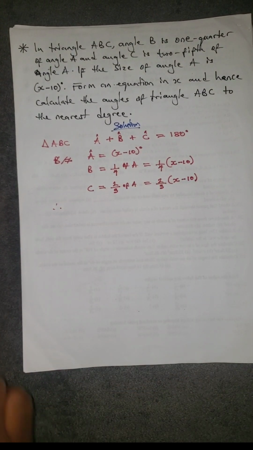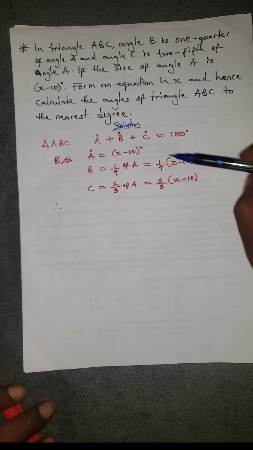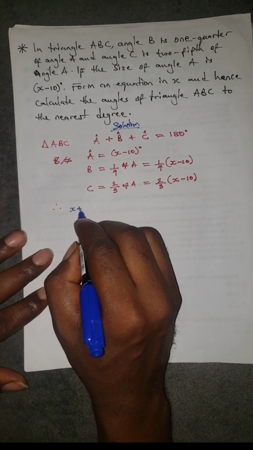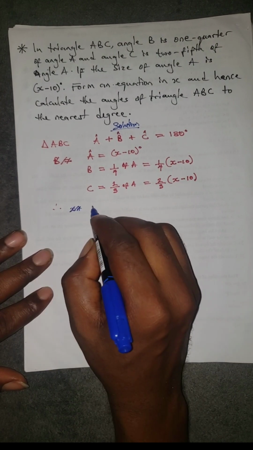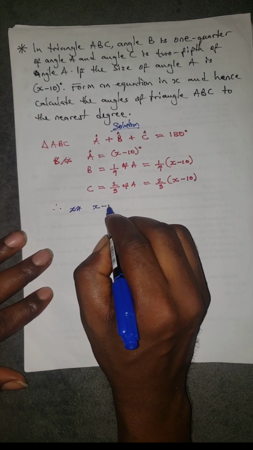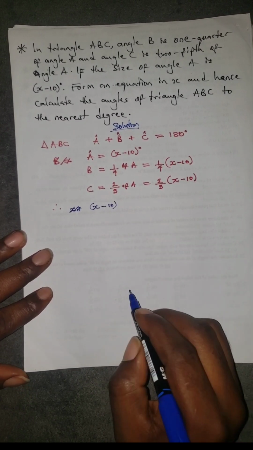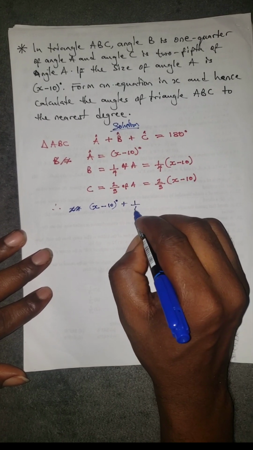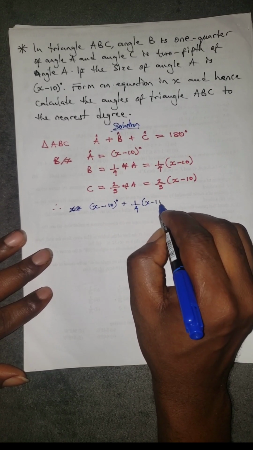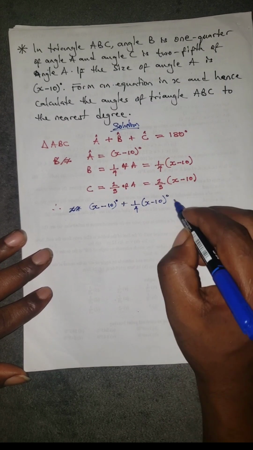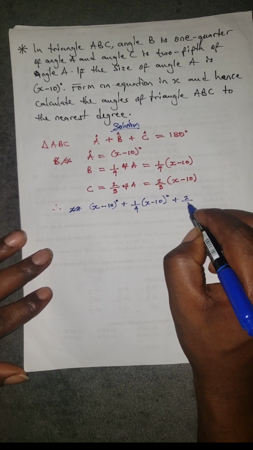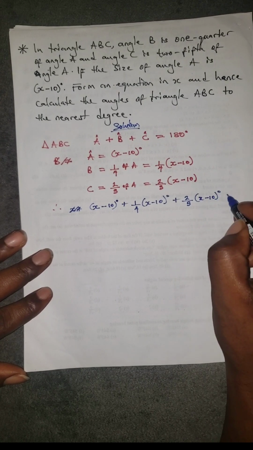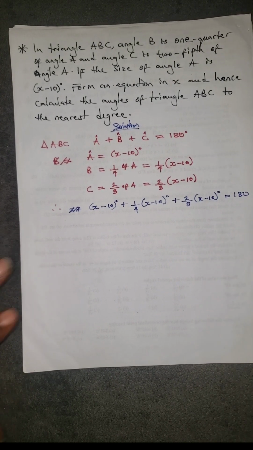Therefore, when you put all these in this first equation here, you have that x minus 10, that's for A, degree, plus 1/4 of x minus 10 degree, plus 2/5 of x minus 10 degree equals 180.